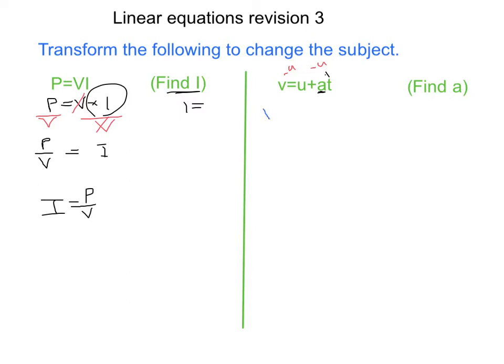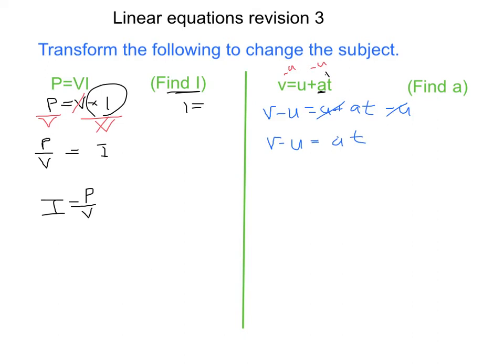So I'll just rewrite that out. We're going to have V take away U equal to U plus AT take away U, and that U will cancel each other down. That will leave us with V take away U is equal to AT.